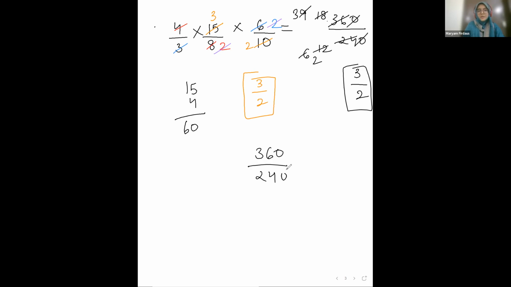Just cancel the 0 and 0 first, and then we can see that 12 threes are 36 and 12 twos are 24, right? So why not we just cancel it off by 12 in the first go itself? 12 threes are 36 and 12 twos are 24. So 3 by 2. Okay, that will save you time.